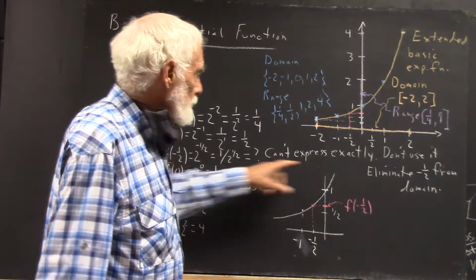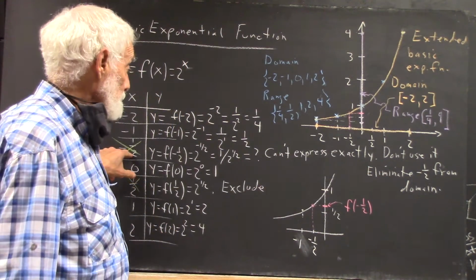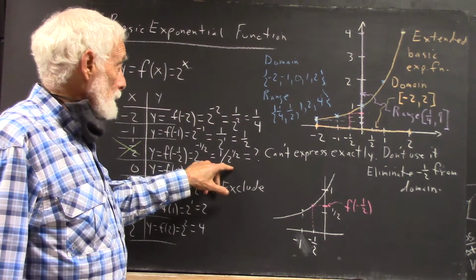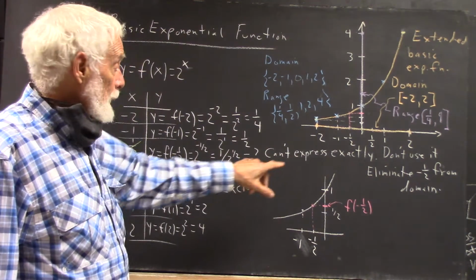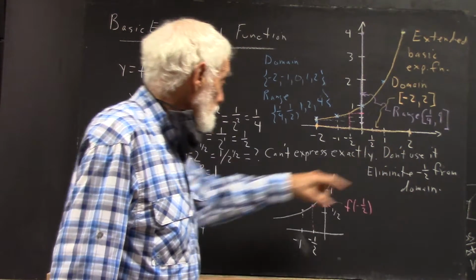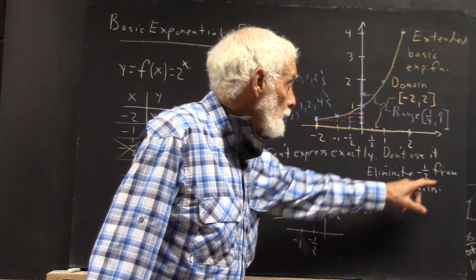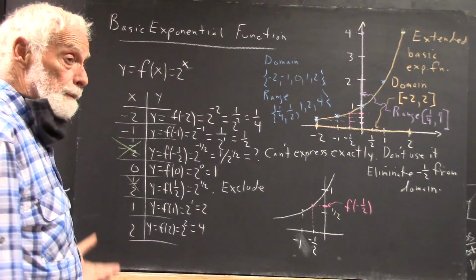And one of our rules for the basic function is that we don't use a number that gives us a calculation that can't be expressed exactly. So we don't use -1/2. We eliminate -1/2 from the domain of this function.